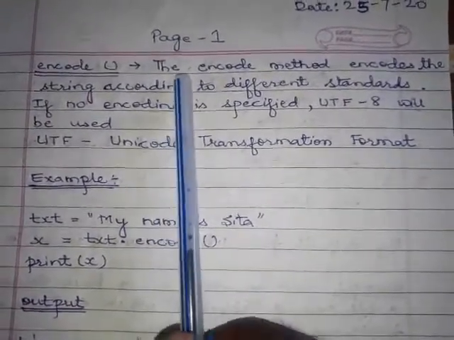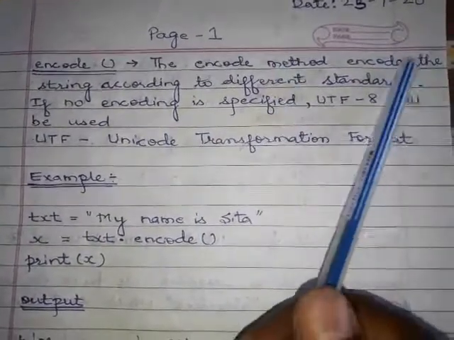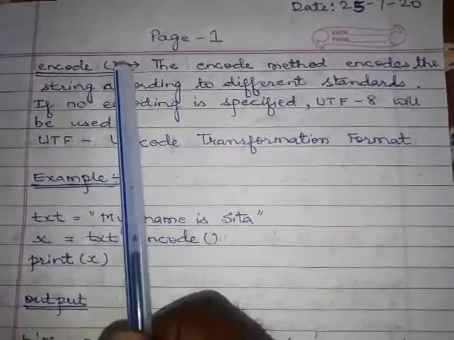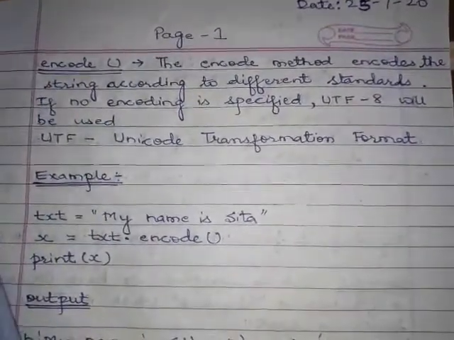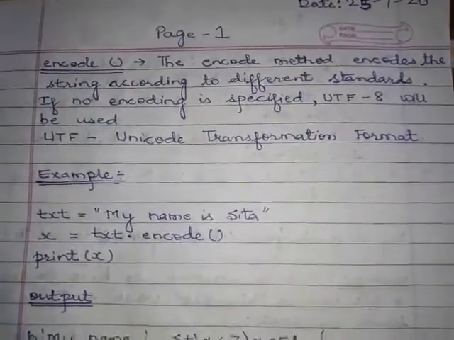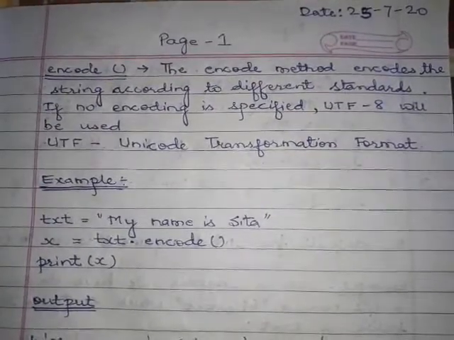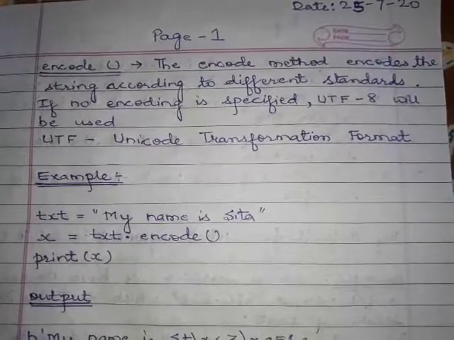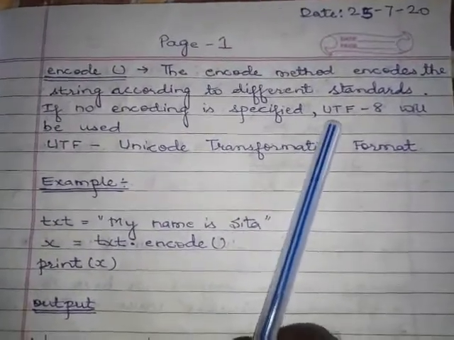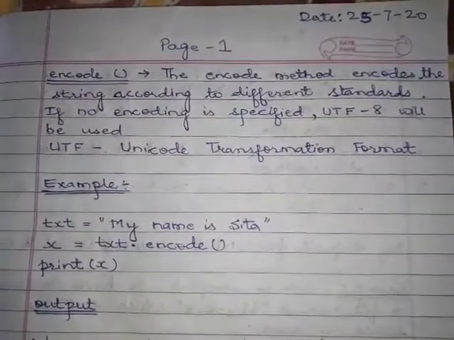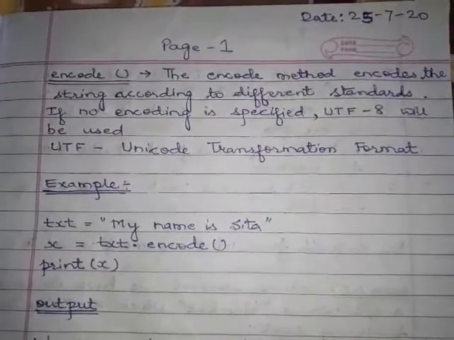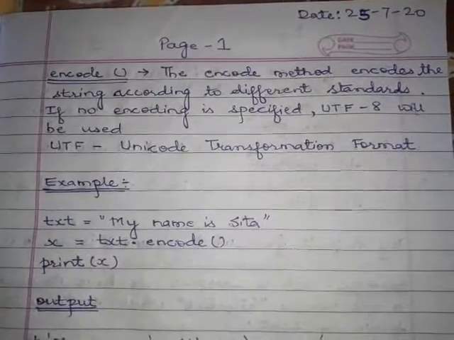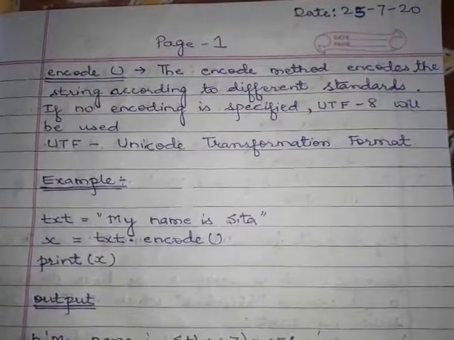The encode method encodes the string according to different standards. It means the encode method is used to convert our data according to various standards. There are several encoding methods. One of them is UTF, another is ASCII, another one is ISCII.